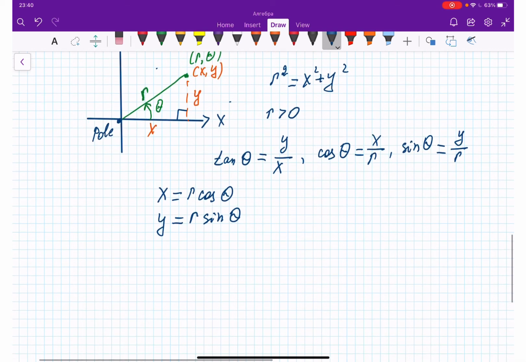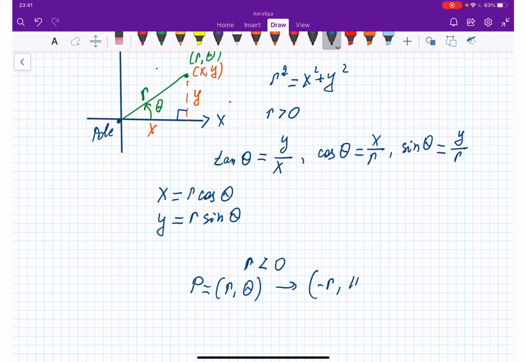Now, for the case of r less than 0, and theta measured in radians, the point P that has coordinates r and theta can be represented as negative r, pi plus theta, where negative r is greater than 0.